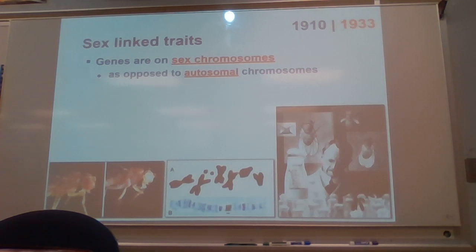Talk about why that is. These were first discovered by T.H. Morgan. He did a ton of important work with fruit flies. Really helped our understanding of genetics. If you ever take a genetics class in college, you'll have to do general fruit fly work.